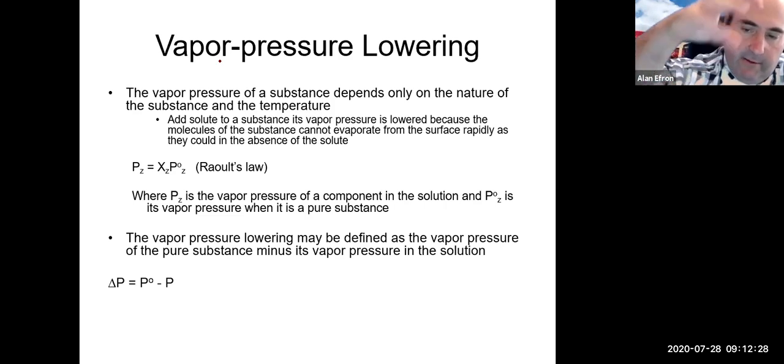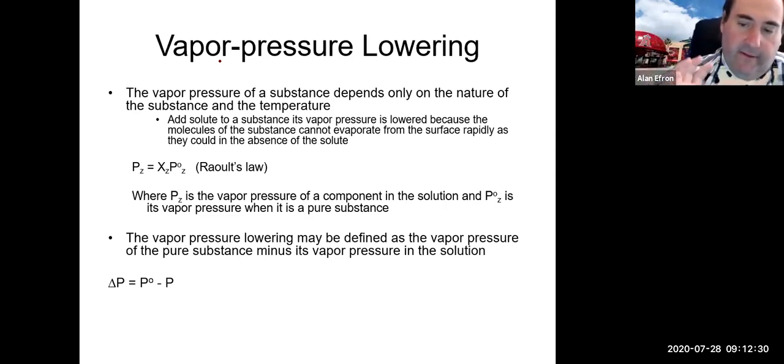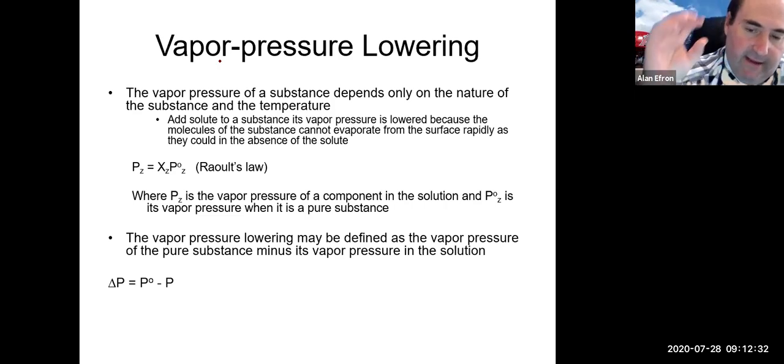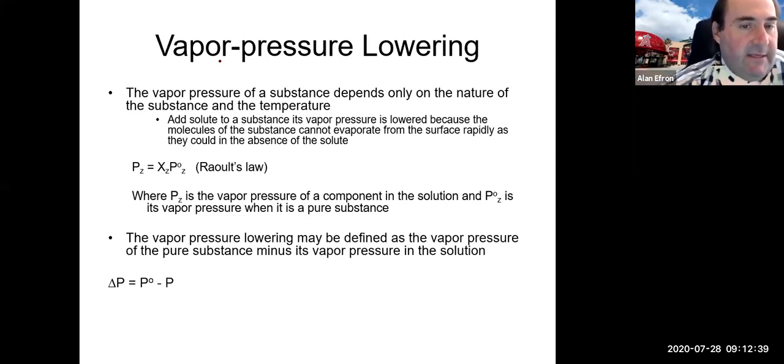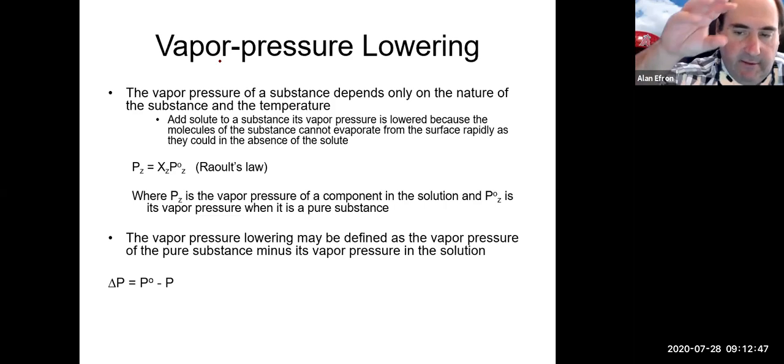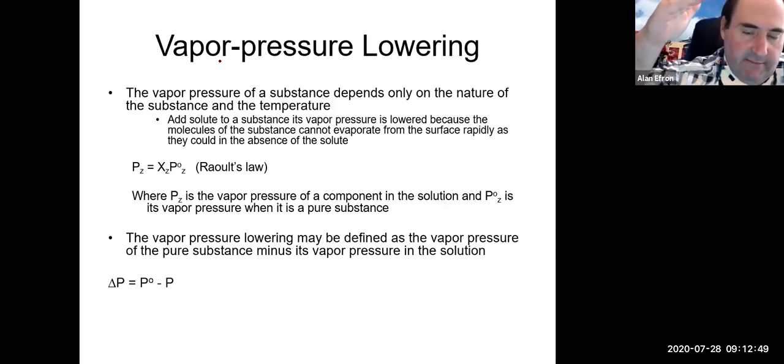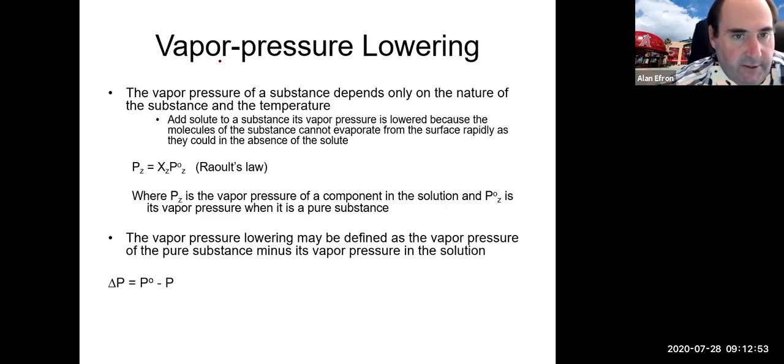With all those particles there, in order for molecules to get into the gas phase, they have to get around all these guys. They interfere with molecules getting into the gas phase, and because of that, fewer molecules will go into the gas phase. Fewer molecules in the gas phase means fewer gas molecules above the liquid, which means a lower vapor pressure. So that's what is meant by vapor pressure lowering.